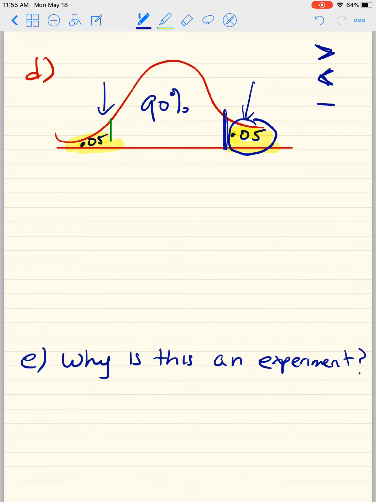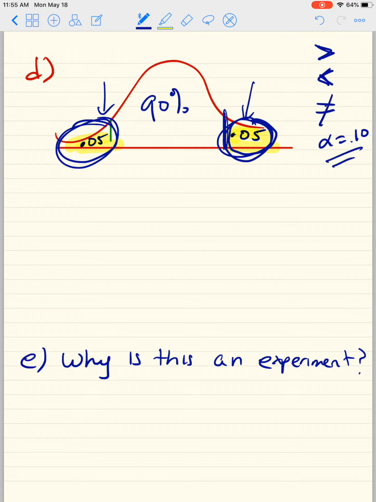Now, had the question said, is there a difference between the two? Then you would have to conclude, yes, there is a difference, but at alpha equals 0.10, because when it's two-sided, you have to take both of these p-values, or both of these alphas, rather.